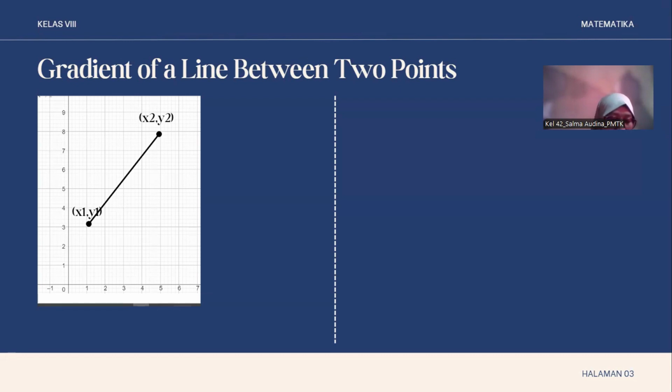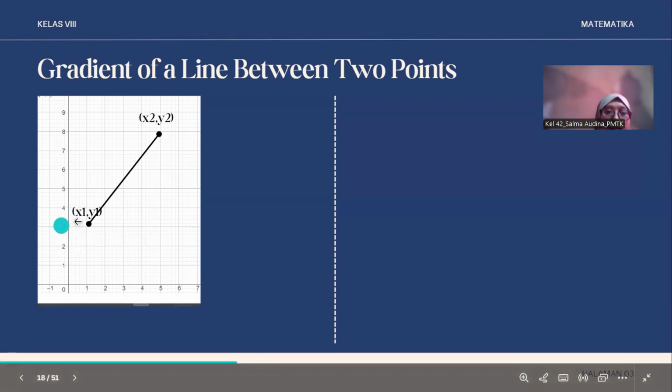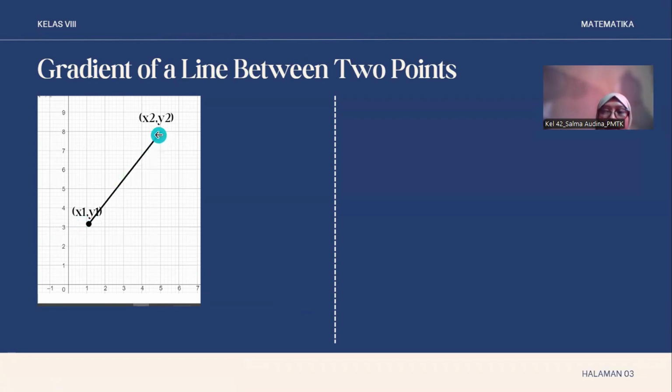Let's say the first point is x1, y1, and the second point is x2, y2. To determine the gradient, we must know the vertical distance and the horizontal distance from the first point to the second point.